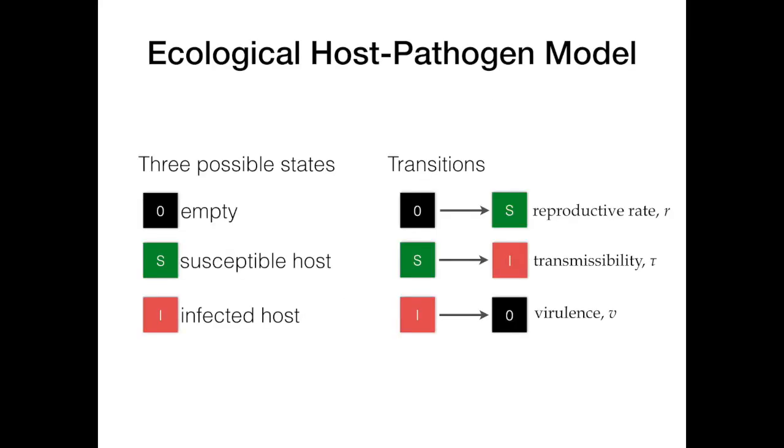Okay, so the model has 3 parameters that govern how the cells transition from one state to another. In our version of the model, empty cells will be black, susceptible hosts will be green, and infected hosts will be red. We'll initialize our model with a healthy population of susceptible hosts and an infection breaking out among just one of them. See what happens then.